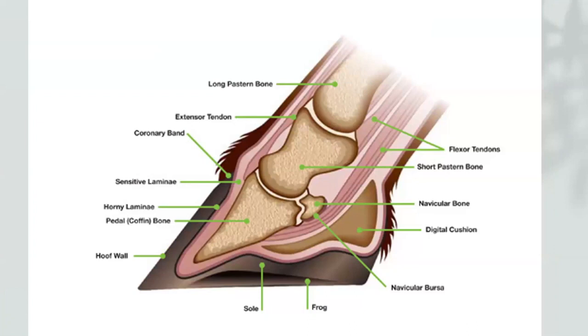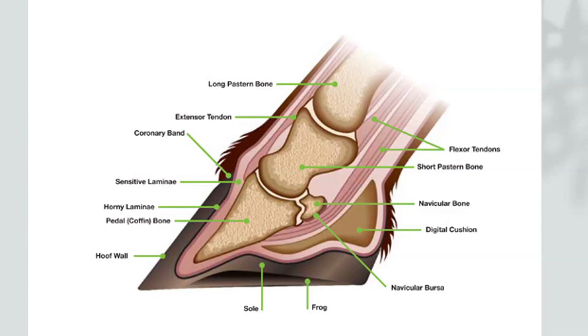So this is another view. Now we're starting back at the bottom again, and we're going to go over some of our hoof wall anatomy. We've already covered the bones down the center. Those bones connect to soft tissue. We've got our insensitive lamina here as our hoof wall, and then we've got our sensitive lamina here that connects us to our coffin bone.